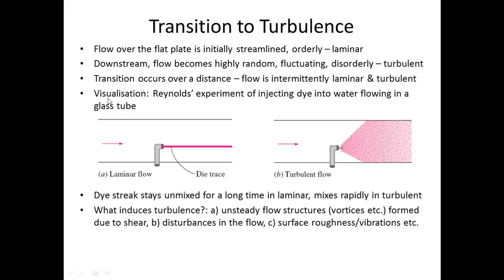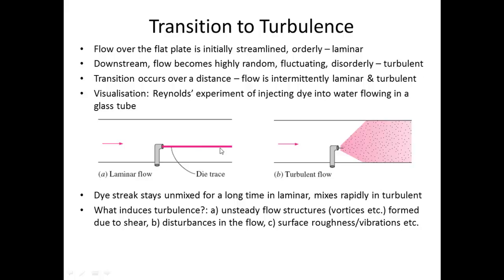One of the earliest experiments to visualize the transition to turbulence was done by Reynolds, who used a dye injected into water flowing in a glass tube to look at the effect of turbulence on the flow. He also looked at the transition of the flow from laminar to turbulent. What he observed was that if we are injecting the dye into a laminar flow, the streak of the dye stays unmixed.